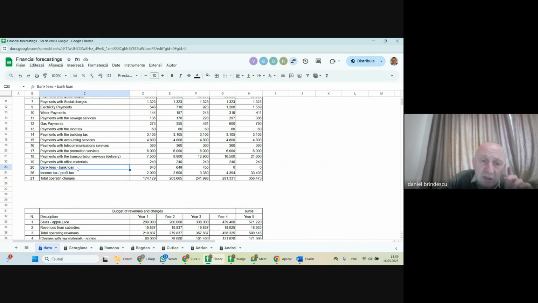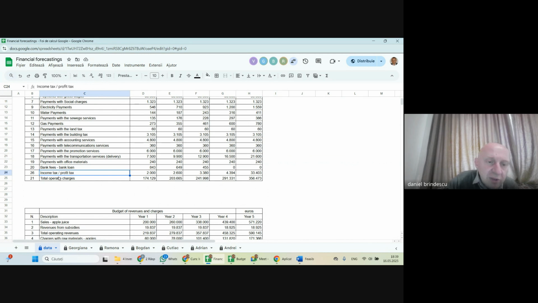So these are not interests for the bank, because the interest payments are considered to be financial payments and automatically part of the financing activity. Bank fees are considered to be operating charges, and I'm going to keep them as payments within the operating activity.